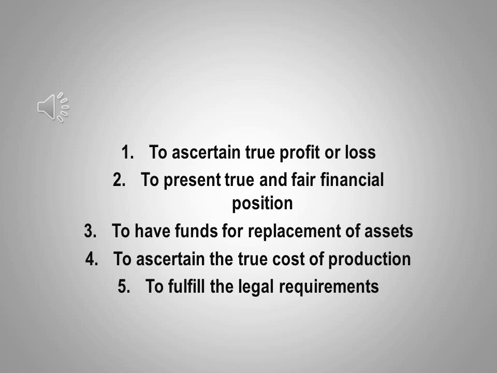We cannot take the value of the machine when it was bought; considering the number of years it has been put into use, the value the machine has now is what we will include in our cost of production. So to know the true cost of production, we need to depreciate the fixed assets which we have used in its production.